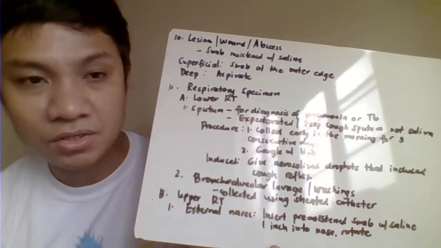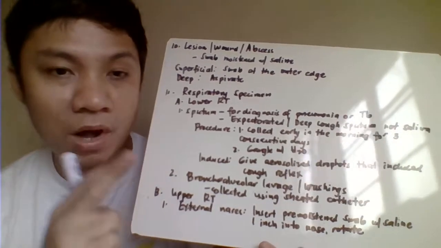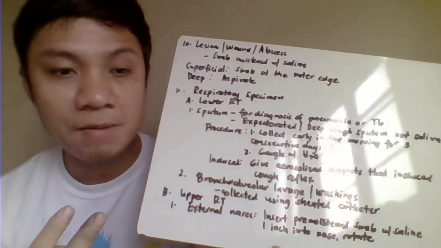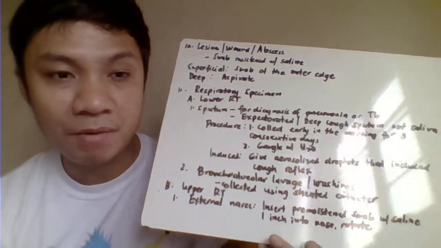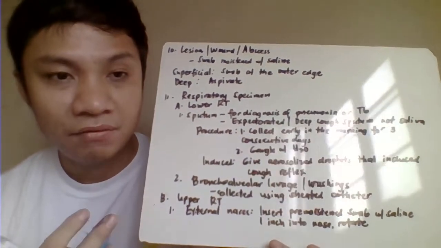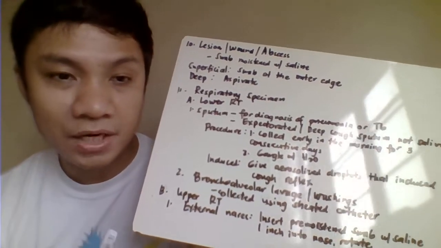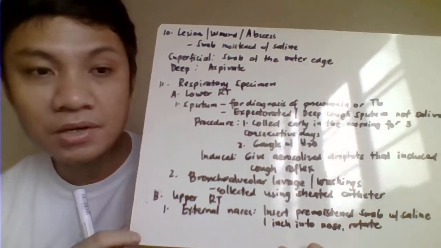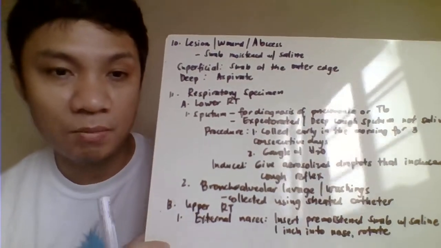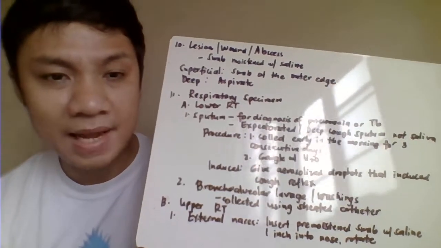Pag 3 collections, 3 consecutive days, early in the morning, it should be 2 out of 3. Pag sabing 2 out of 3, 2 samples here should be positive for the presence of your Mycobacterium tuberculosis for you to consider someone as positive. Pag 2 collections, 1 out of 2 is already enough to diagnose someone to have here the Mycobacterium tuberculosis. Why are you doing that? Why are you not collecting once lang?